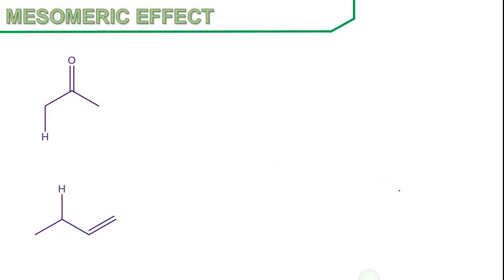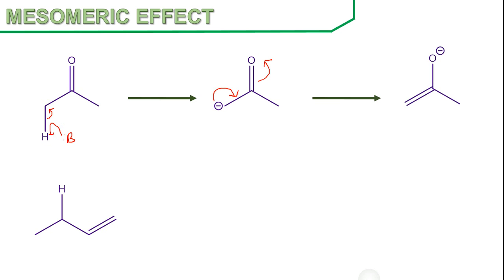So the more we can delocalize a charge, such as the anion, the more we stabilize it. So here, if we have a base and we remove that hydrogen, obviously you can put the negative charge onto the carbon, but we also have a resonance effect where you can delocalize it onto the oxygen.